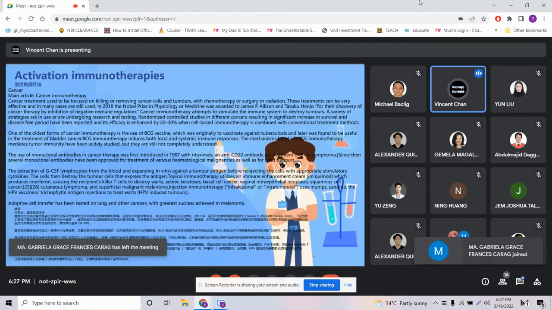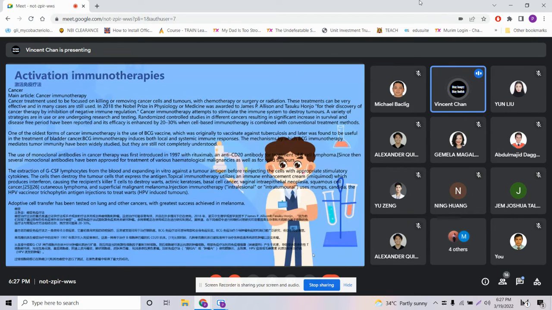Cancer immunotherapy. Cancer treatment used to be focused on killing or removing cancer cells and tumors with chemotherapy or surgery or radiation. These treatments can be very effective and in many cases are still used.